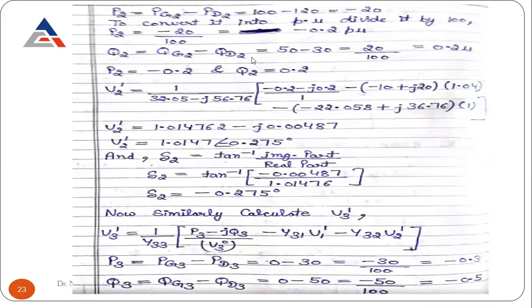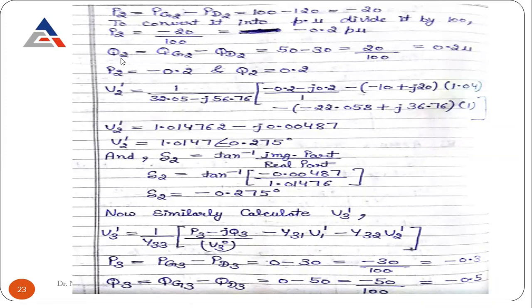So 100 minus 120 is minus 20. This is the actual value of the power, but we want it in per unit, so divide by the base value 100. It comes out to be minus 0.2 per unit.